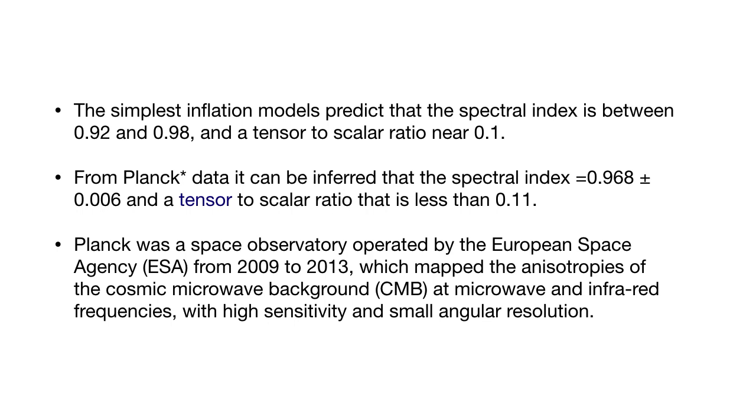It found that the spectral index is about 0.968, which is right in the middle of the predicted range. And the tensor to scalar ratio is less than 0.11. That means it is very close to 0.1 as well.